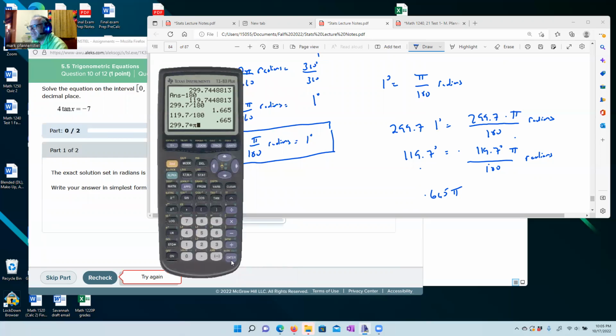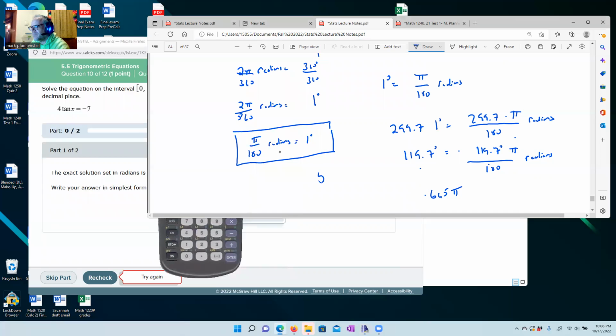So we'll just do 299.7 times pi divided by 180. They just want 5.2, that's in radians.